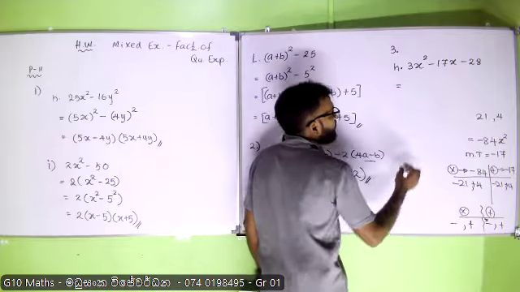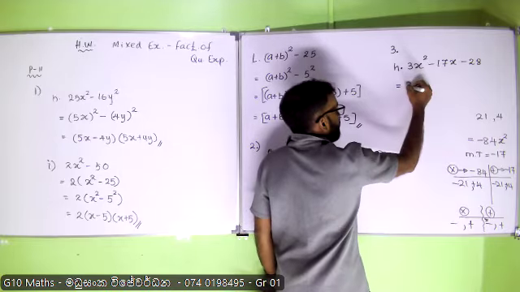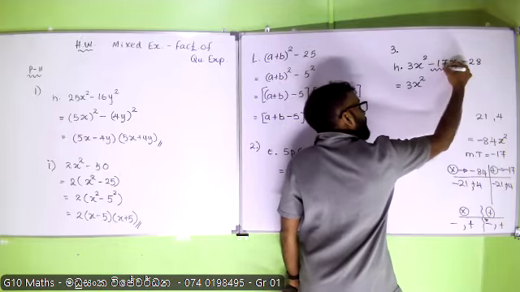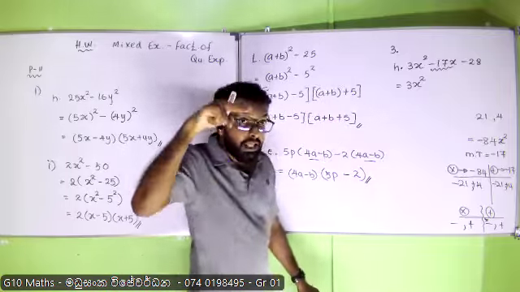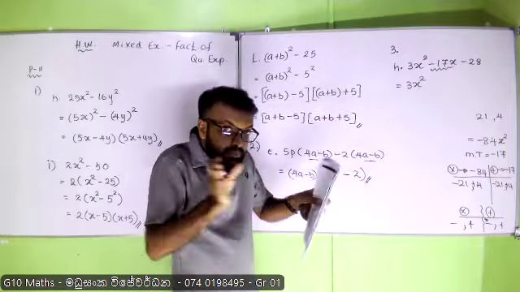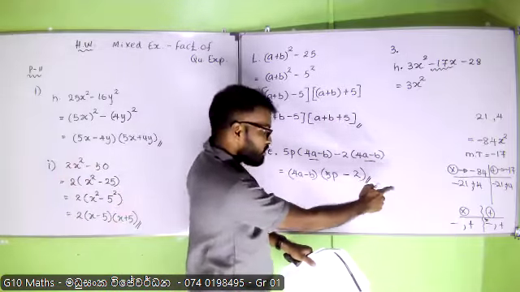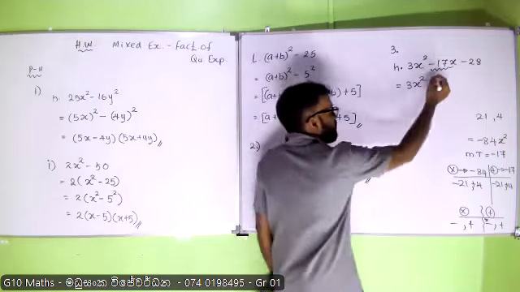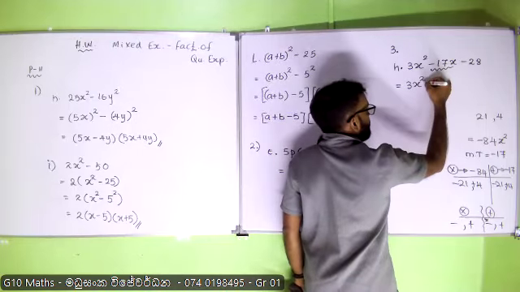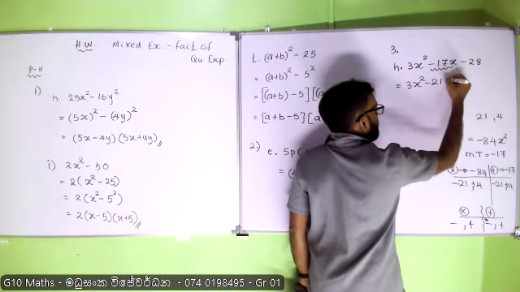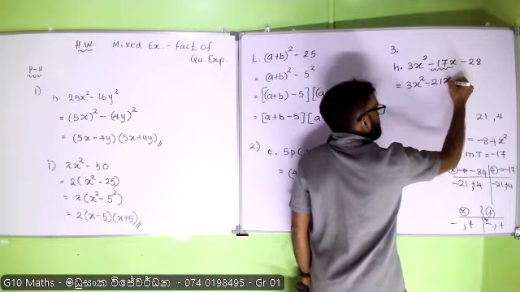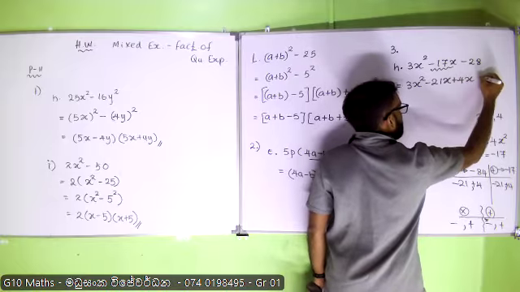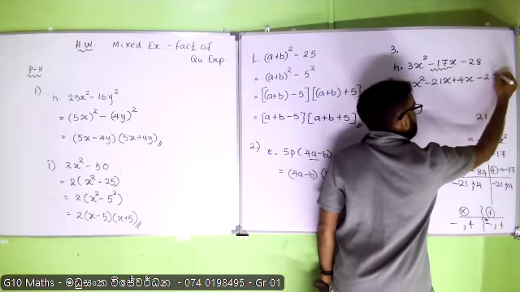I am going to split this middle term using these two numbers. So I can write negative 17x as negative 21x plus 4x, minus 28.